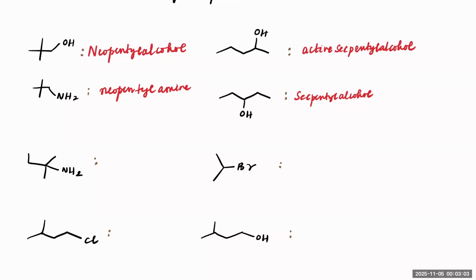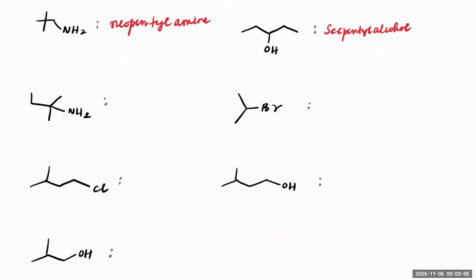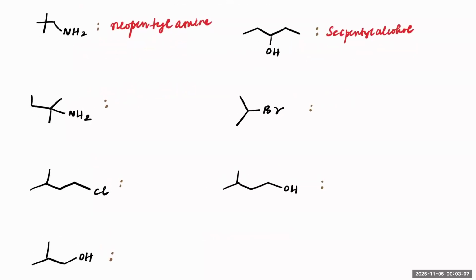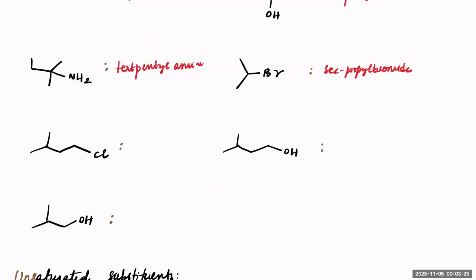Done? Right, check it out. Next one. If you have an amine like this, it is going to be tert-pentyl, tert-pentyl amine. What about the next one? This will become secondary propyl bromide. Next. Here we have this as isopentyl amine. Isopentyl amine.